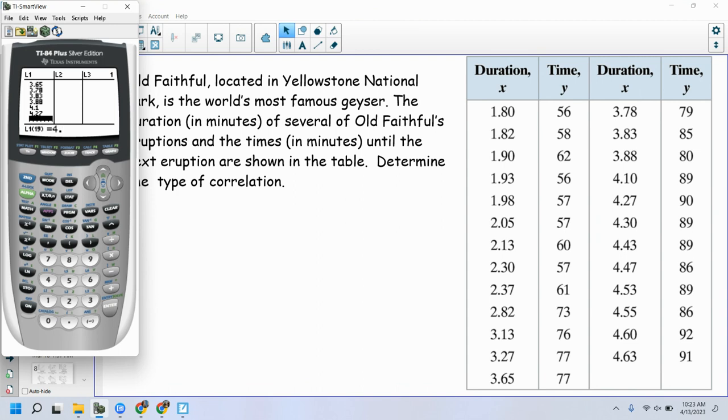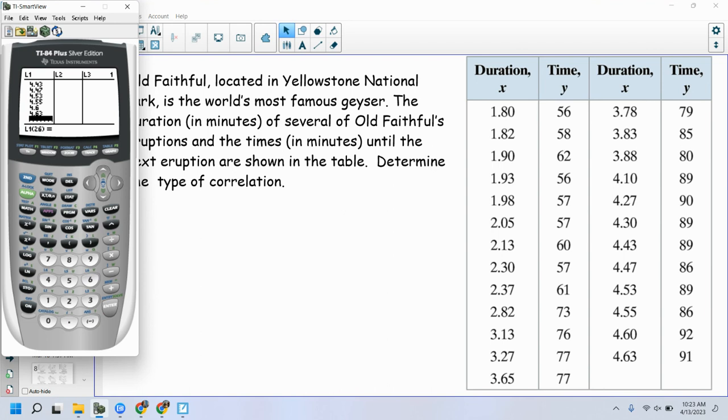Okay, good. 4.30. Right. Looks like I've got 25 pieces of data.